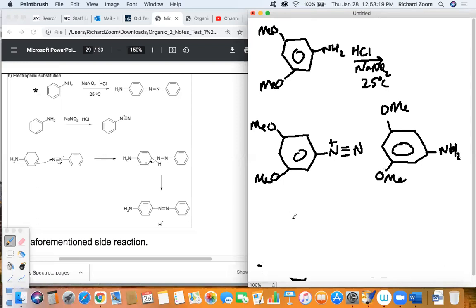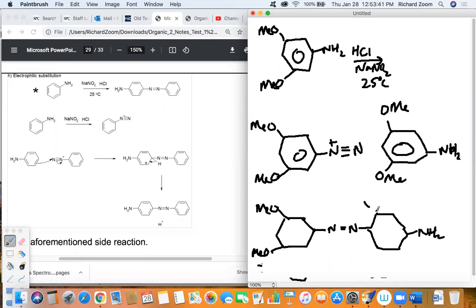And then you can see that the product would be like this. So if you break it up that way, it's a bit easier to see how you get the product.